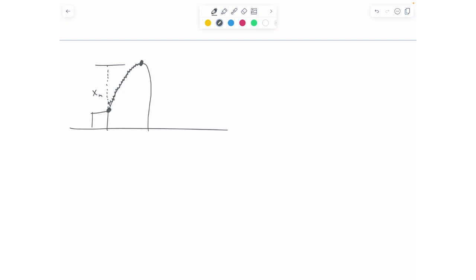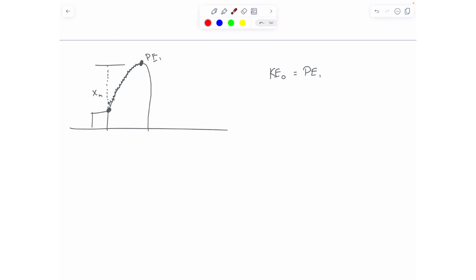So I could say that my initial kinetic energy should equal the potential energy at this point right here. It's all been converted into this potential energy.